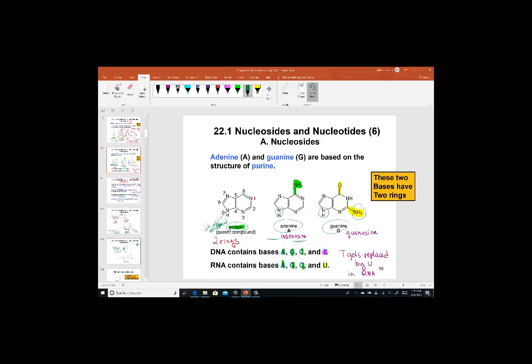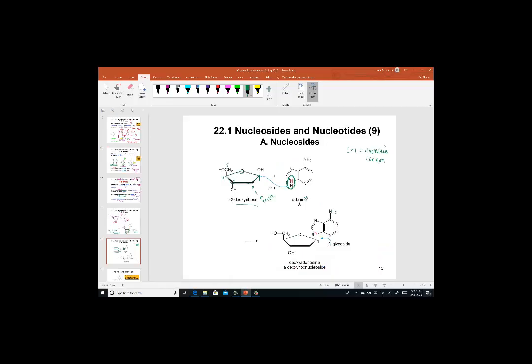And that's really what we were just drawing right here, wasn't it? Deoxyadenosine. Carbon number 2 lacks the oxygen, so I know the sugar is deoxy. And I know that the base is adenine, which is a 2-ringed parent. So we hear it named adenosine. The name of this nucleoside is deoxyadenosine.